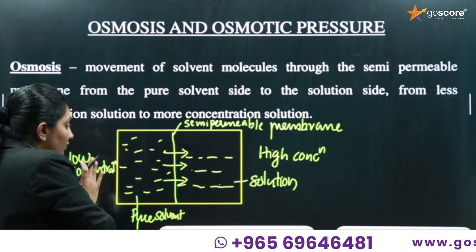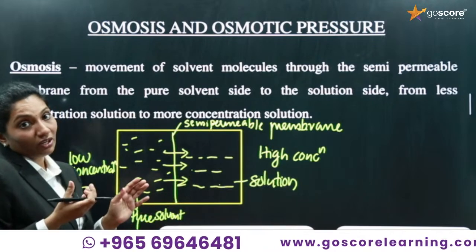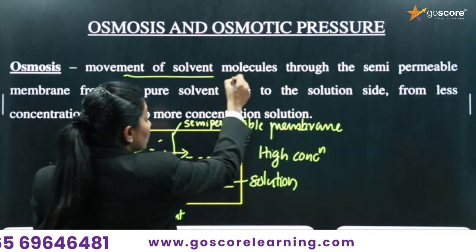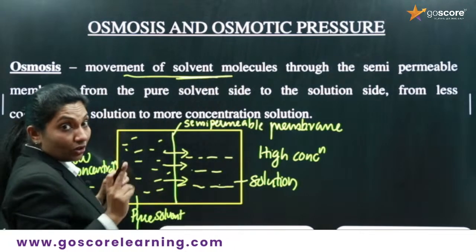Okay, the movement of solvent from low concentration to high concentration is what we call the osmosis. See, osmosis is the movement of solvent molecules. Okay, here the solvent is moving, not the solute.